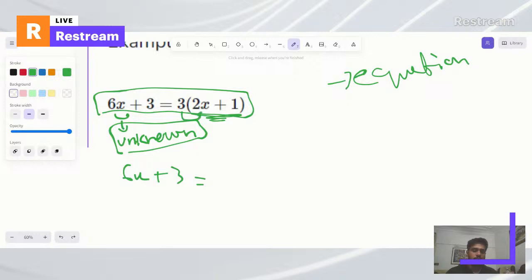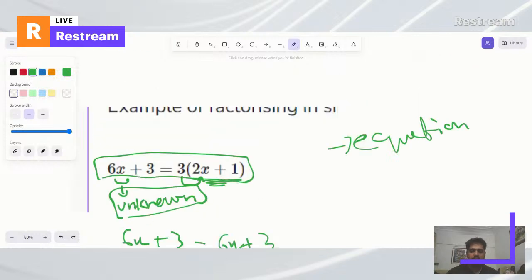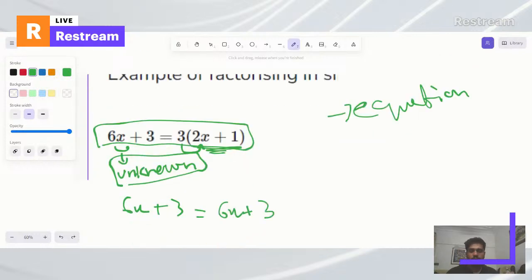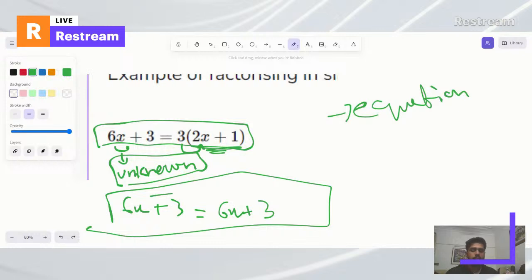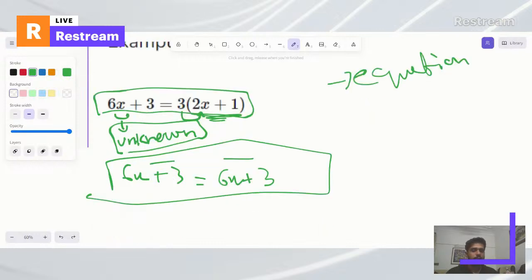First we're going to multiply these two together, so it's going to be 6x, right, plus 3, right? Both of these are going to give us the same answer. So we say that we have officially found the correct value because both the sides are equal, right?